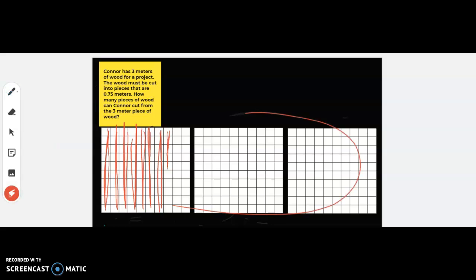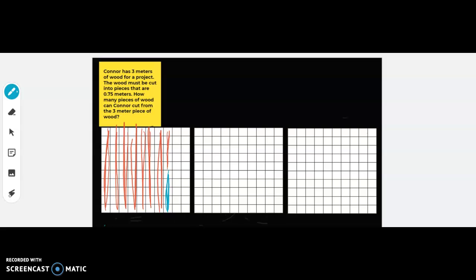I have all this that signifies my wood that I still need to cut. So I'm going to change my color and show again another 75 hundredths. I'm not going to move to the next 100 board because I still have extra that I need to show right here. So I'm going to use what I have and take these 5 hundredths, because 5 hundredths is part of my number 75 hundredths.